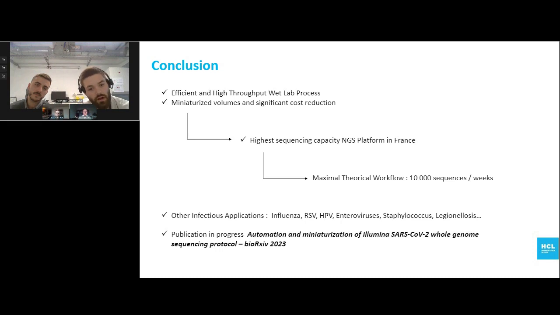So basically, our theoretical limit today is 10,000 sequences a week, but we could break that limit really easily and go way above that.